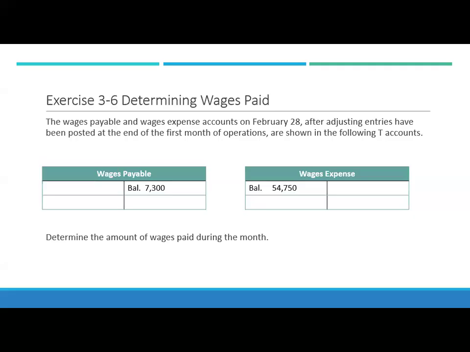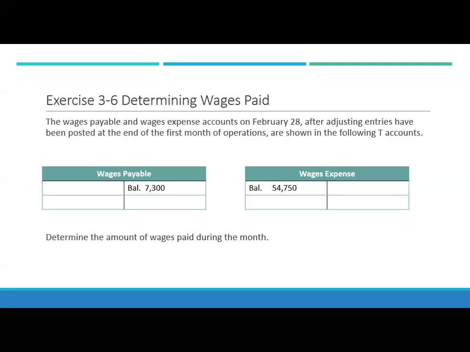So wages payable is a credit of 37,300 at the end of the month, and the wages expense balance is 54,750, which increases wages payable over time. But it says, what's the actual cash paid for wages during the month? It's the first month of operations, so we can assume the beginning balance was 0.